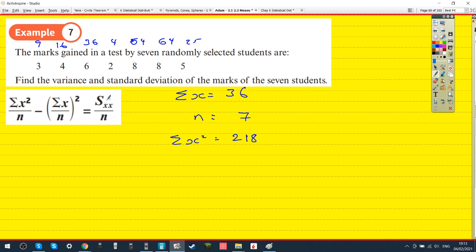Okay, and so what values go where? So 218 on the top over n, minus, would it be 36?